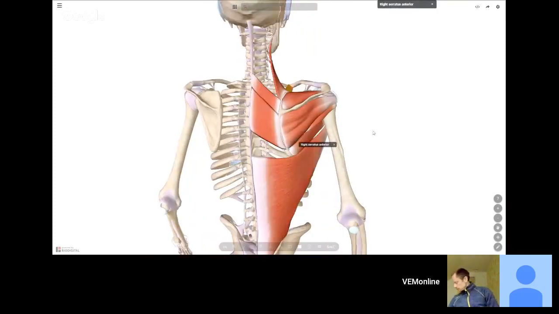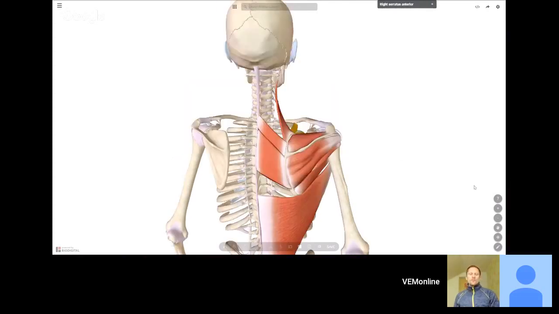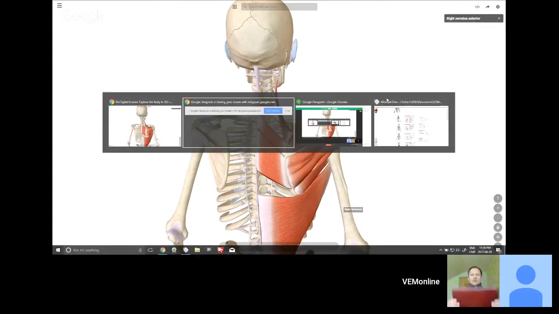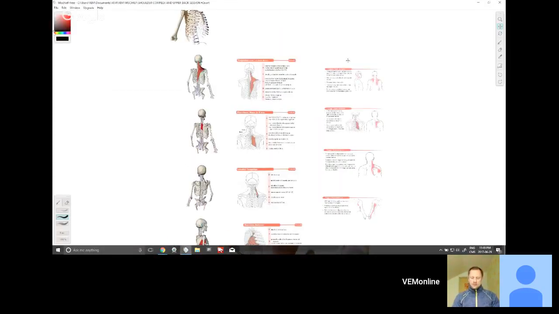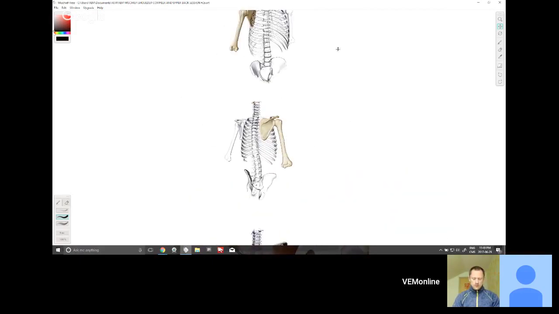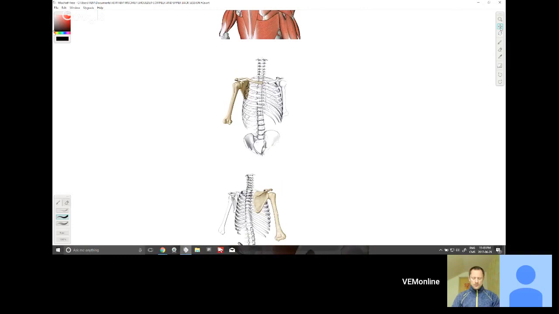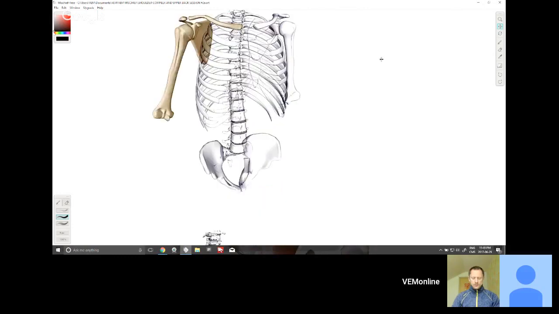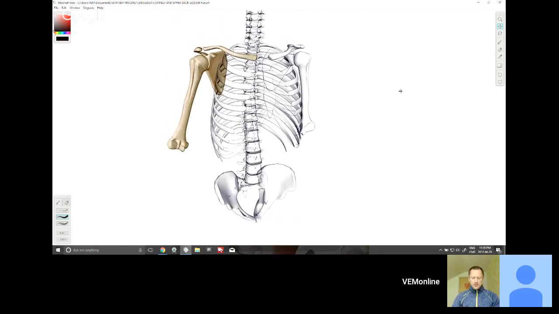Let's start with the attachment points. So bony landmarks. That's quite important. We need to be able to figure out the attachments, right? So once again, let's start with this drawing here. I think we did the same everything last time.